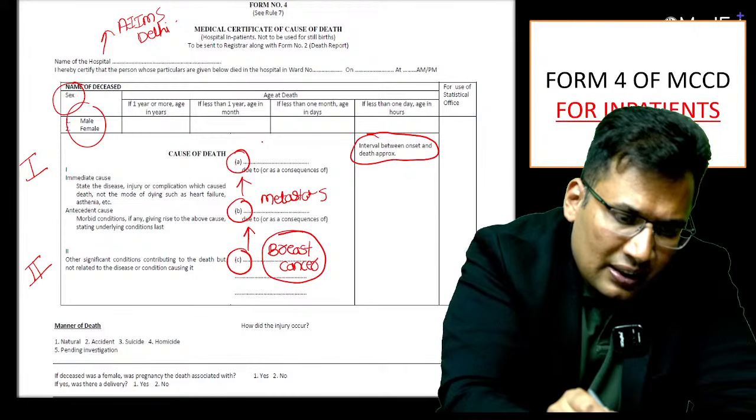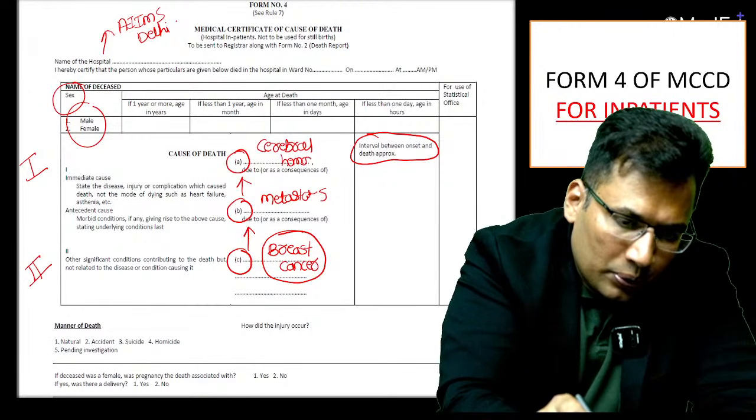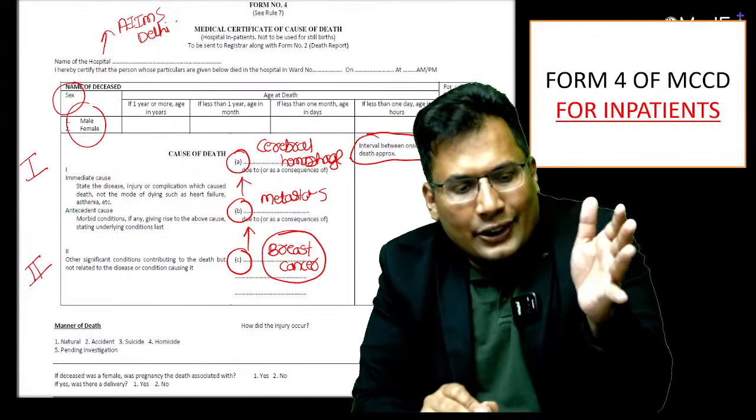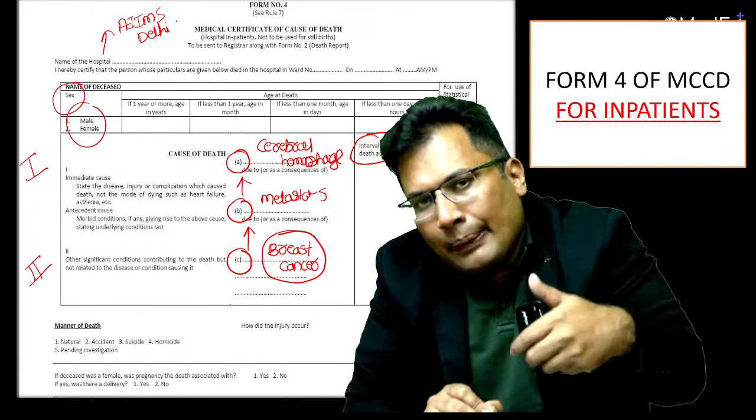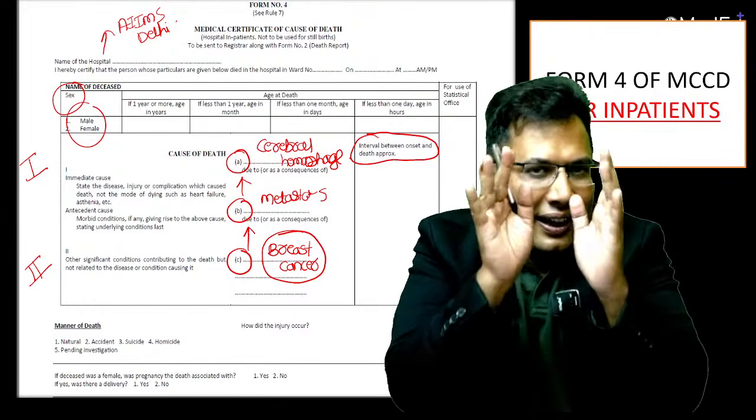The metastasis leads to cerebral hemorrhage. That means 1C leads to 1B, 1B leads to 1A. So this is how you can write in the exam.